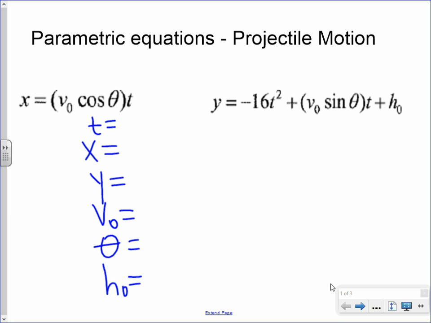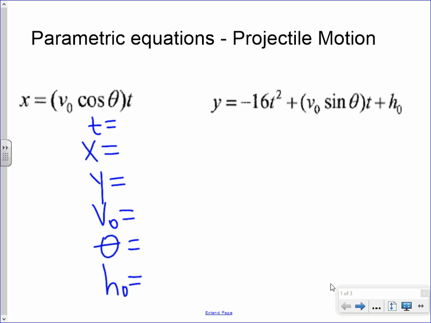Okay, I would like you in your pods to discuss, don't write anything down yet, but discuss the meaning of each variable that I labeled up there in blue. Basically, anything that is in our equation, I wrote down in a list, and we're going to talk about what each of them stand for. So some of them are variables that will always change. Some of them are constants that we plug in. Okay?